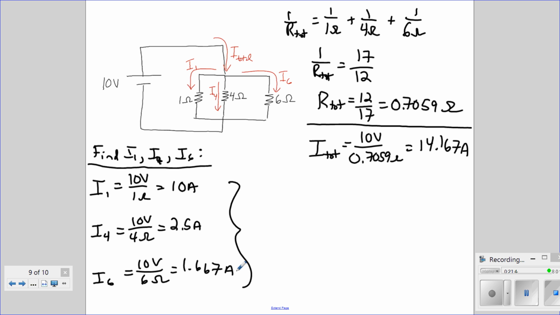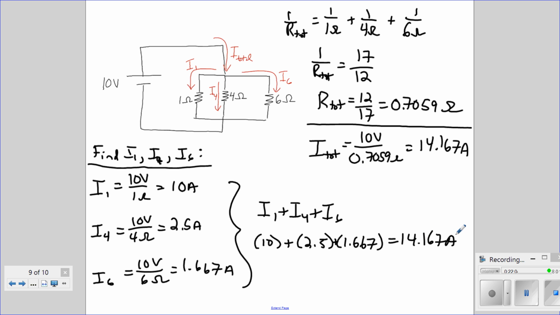And if you were to add those three things together, I1 plus I4 plus I6, that would be 10 plus 2.5 plus 1.667, which is 14.167 amps, which you see is the same as what we found as our total current.